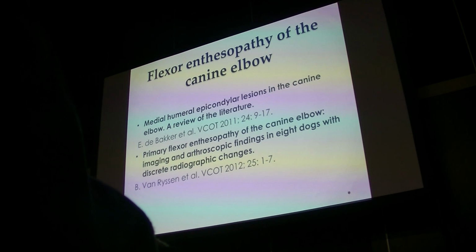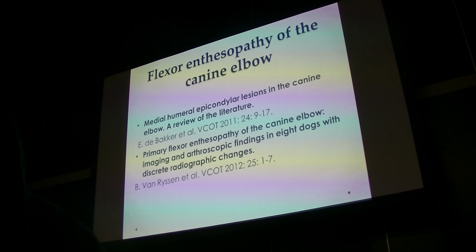Primary means that we find flexor findings on imaging in correlation with a lame dog, and that the coronoid is normal, that there's no OCD and so on. Often it's in combination with coronoid pathology, and then it's a combined disease, and we call it concomitant flexor enthesopathy, referring to the fact that there's something else going on in the joint.